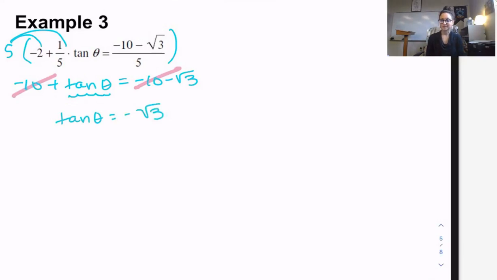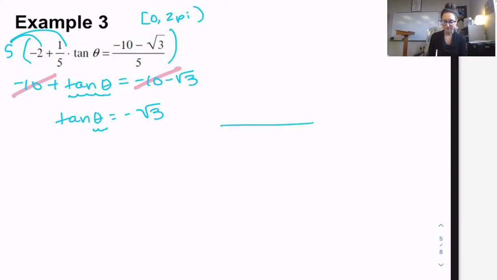Which I think we just solved a little bit ago. So I'm looking for what angle, and if we're not given an interval, assume 0 to 2 pi. What quadrants should I be in if tangent of my angle is negative?